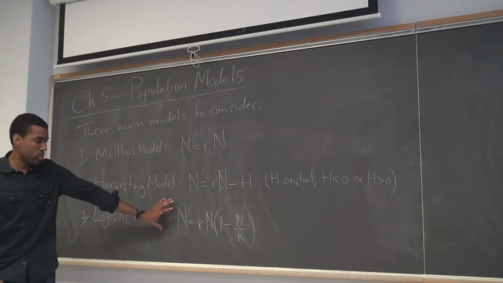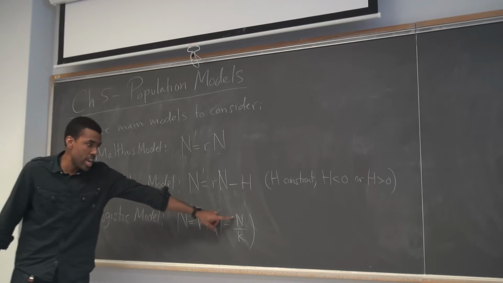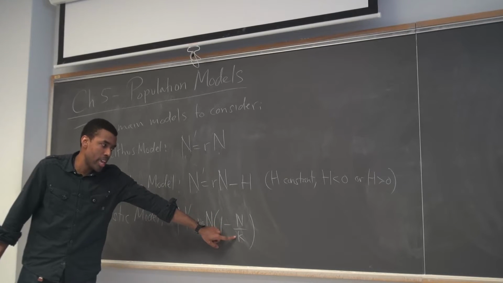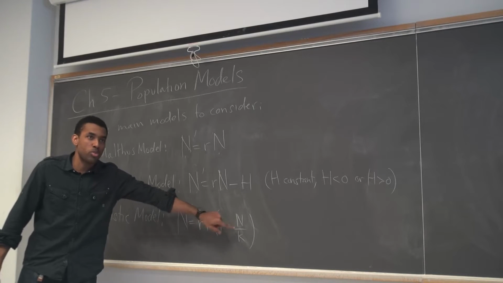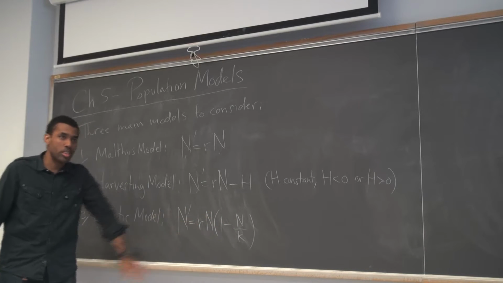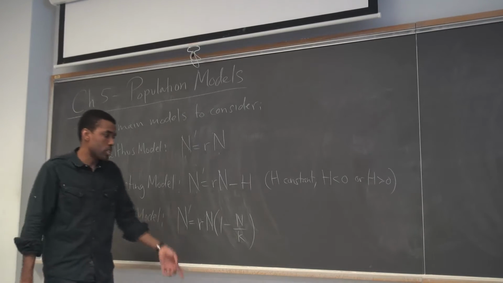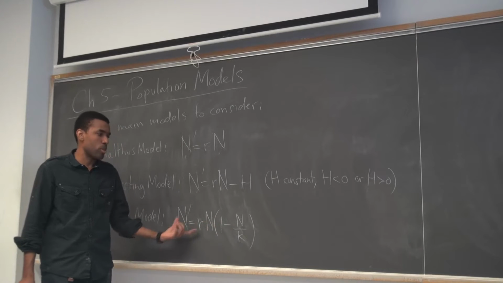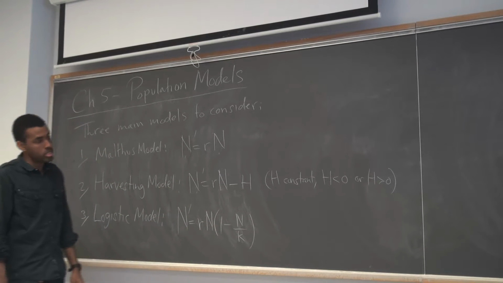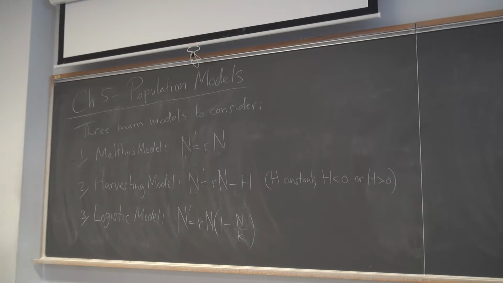And so this is sort of the model that says, eventually when your N reaches the carrying capacity, K, you get K over K, 1 minus 1 gives you 0, and the growing stops, right? But until then, the growth rate will decrease while the population is growing. And vice versa, if the population is decreasing, the growth rate will increase until it reaches its optimal state, right? So these two we've actually seen before, and we can actually solve them explicitly. We've done it. Separation of variables actually works for this.